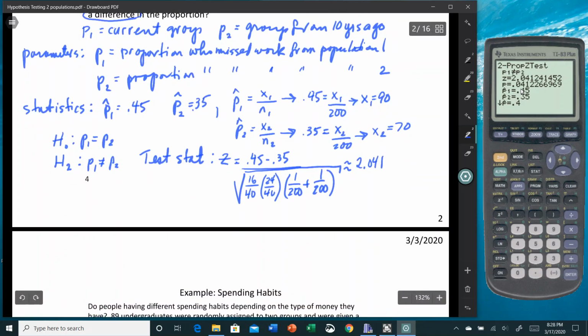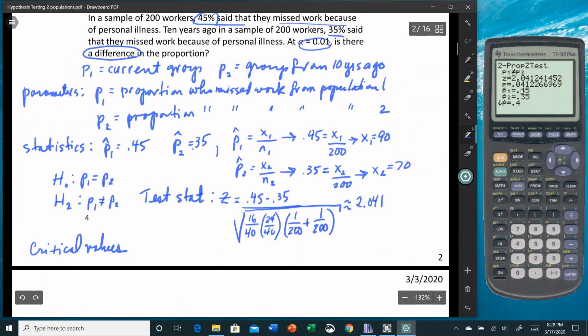Okay, in terms of the critical value, this is being tested at alpha equal to 0.01. And it's a Z test. So this is a Z distribution, a standard normal. The mean is at 0.